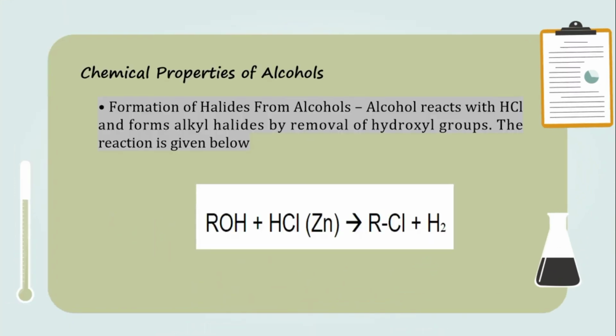Next is the formation of halides from alcohols. Alcohol reacts with HCl and forms alkyl halides by removal of the hydroxyl group. This is the reaction below.